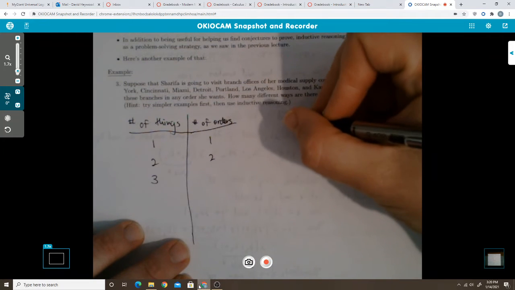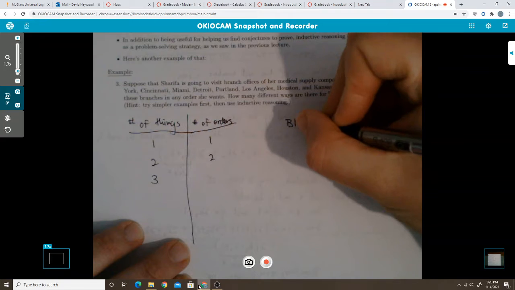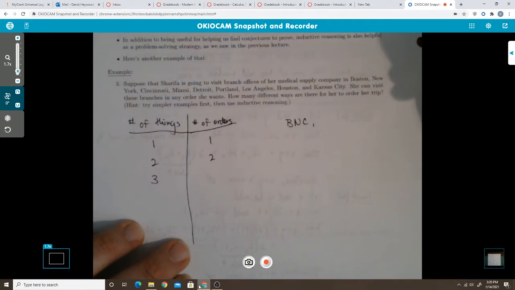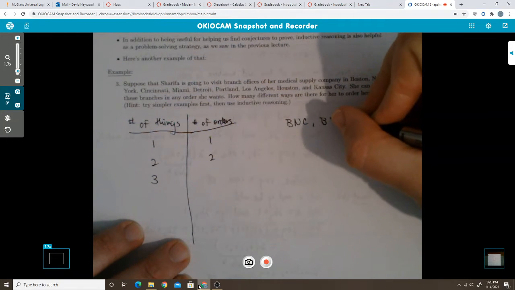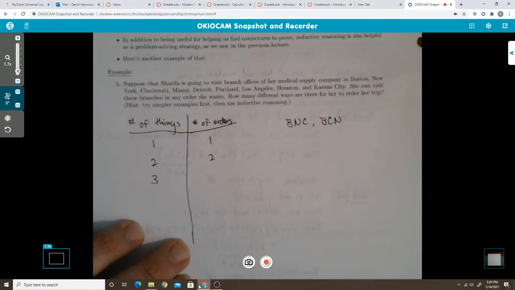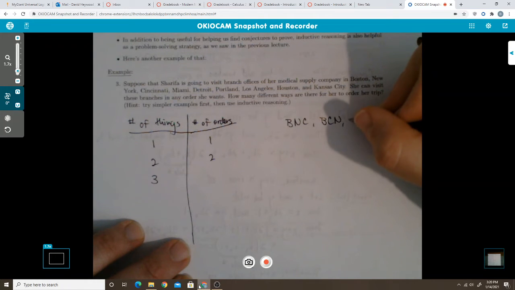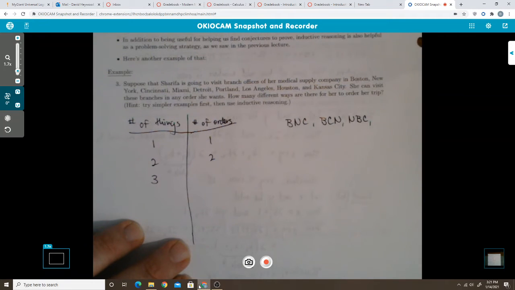You could have Boston, New York, and Cincinnati, or Boston, Cincinnati, and New York, or New York, Boston, Cincinnati, or New York, Cincinnati, Boston.